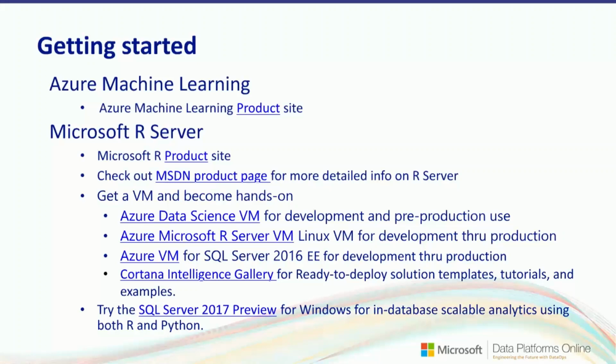Let's see, the next question is, how is R Server installed with SQL Server? Yes, for SQL Server R Services, it's not a separate installation and integration. Rather, it's actually a feature to select in SQL Server 2016 and now 2017.